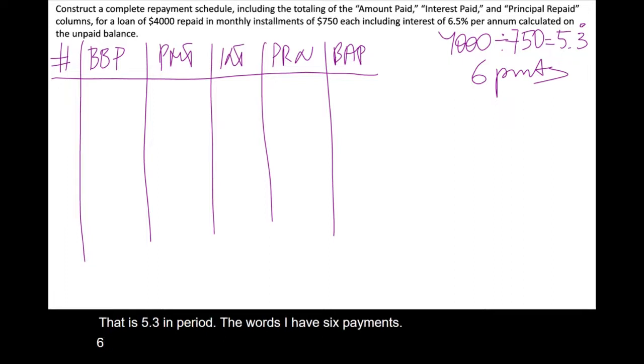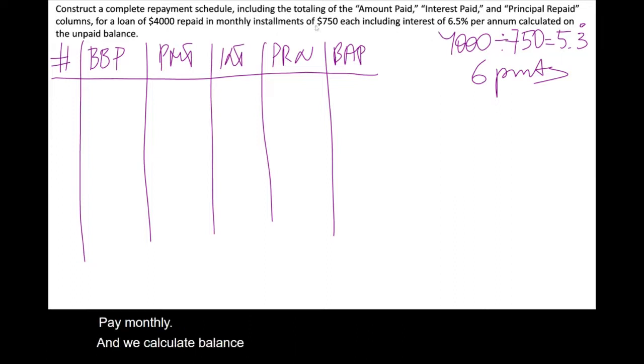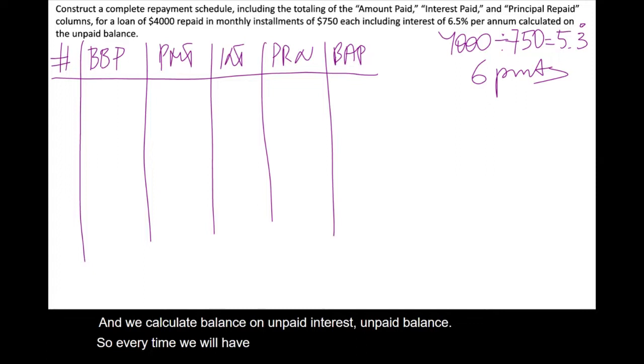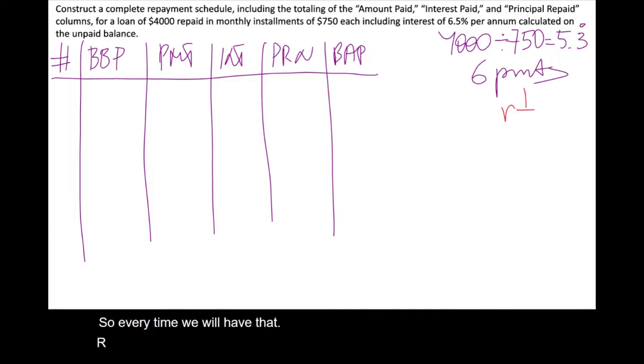Second thing, we pay monthly and we calculate interest on the unpaid balance. So every time we will have that R times 1 over 12.